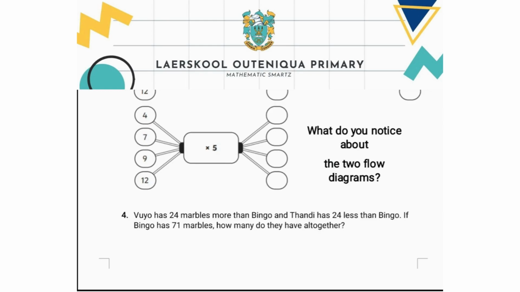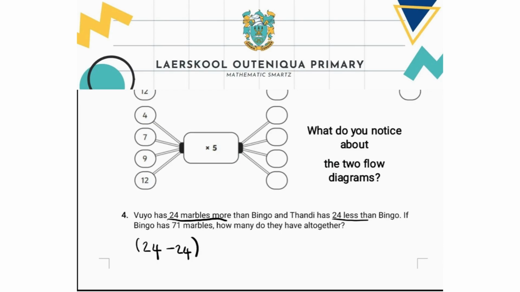Because this is a word problem, I need to have a number sentence. So let's start off by adding this information. 24 marbles more. So that would be plus 24. 24 less, minus 24. Close brackets.